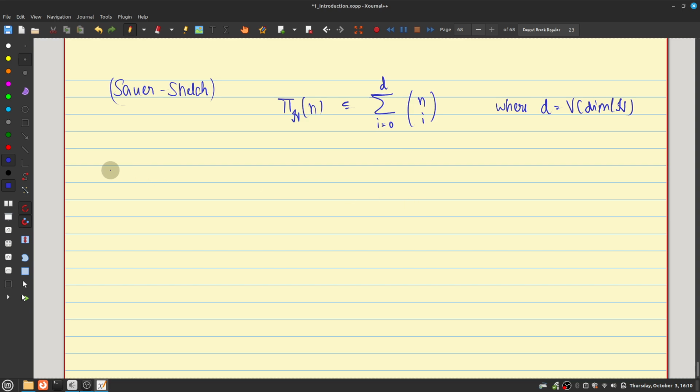All right, so let's see how to prove this. This requires some neat combinatorial tricks. In fact, we'll prove a slightly stronger result. Let's quickly recall the definition of the growth function.